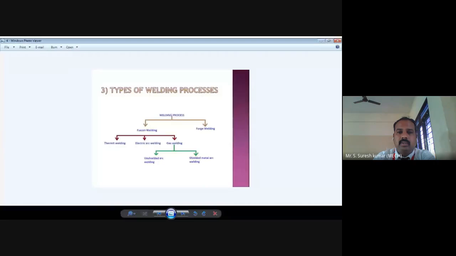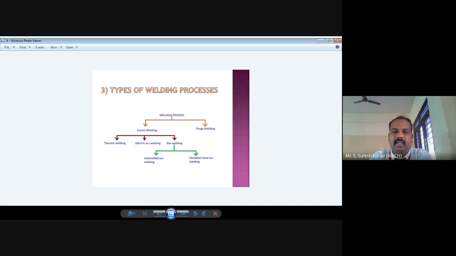I will show you the types of welded joints here. Forge welding, electric resistance welding, and fusion welding. In forge welding, the parts are heated to reach the plastic stage and the joint is prepared by applying impact force.